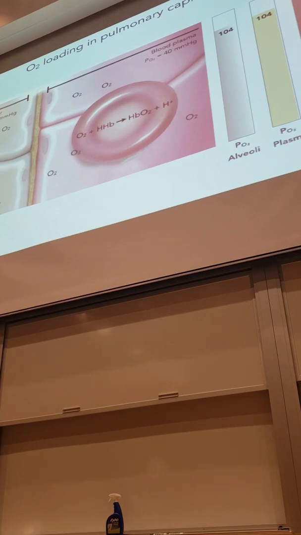Yeah. Does the PO2 of the alveolar air always stay at 104 because you're constantly bringing in oxygenated blood? That's a good question. Conceptually, what's happening here is we say alveolar air has a PO2 of 104, right? So this is your lung, alveoli, right?